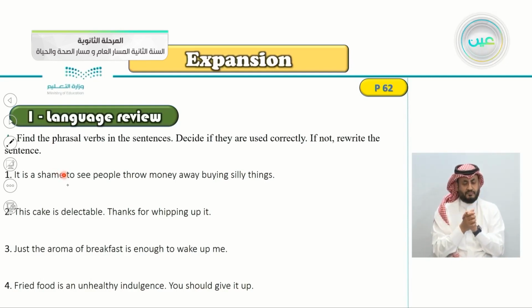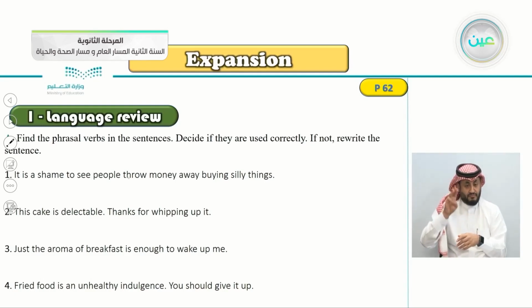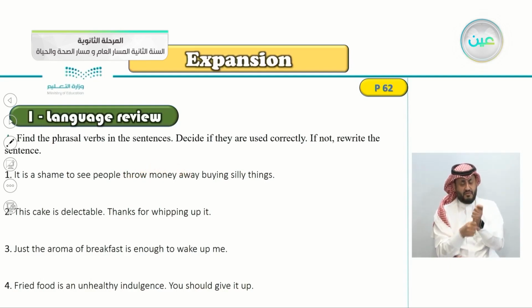Yes, the phrasal verb is to throw away, and the object here is money. So is this correct or do we need to correct it? To throw money away, it is correct. It is a shame to see people throw money away buying silly things.